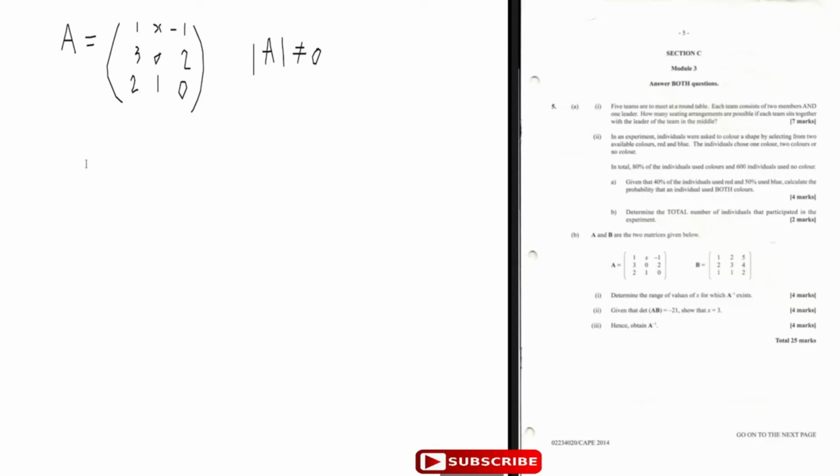So using column 1, we're going to get that the determinant of A is going to be equal to 1 times the determinant of 0, 2, 1, 0, minus 3 times the determinant of x, minus 1, 1, 0, plus 2 times the determinant of x, minus 1, 0, 2. Nice and easy. That's the determinant of A.